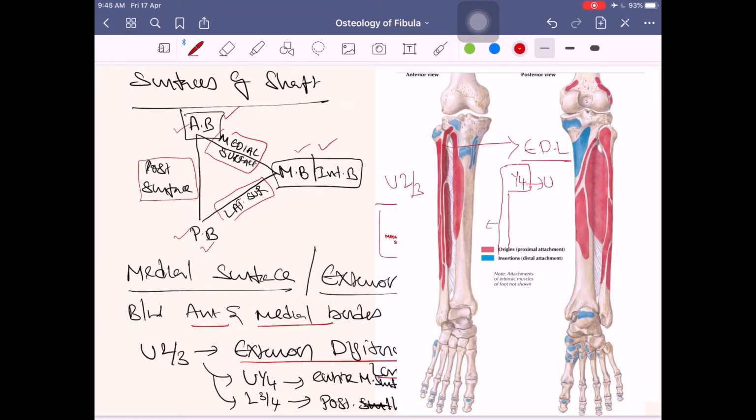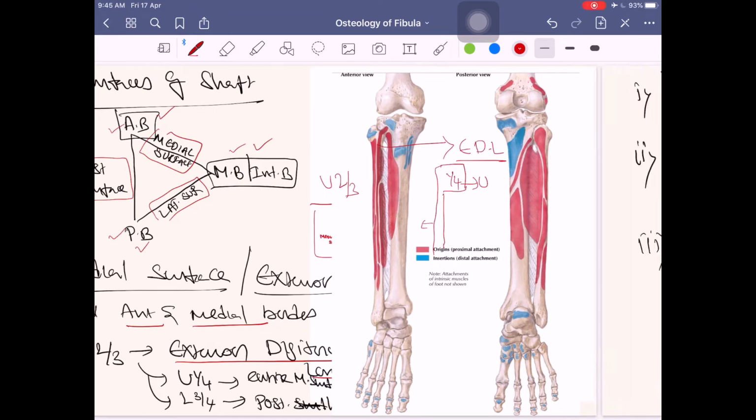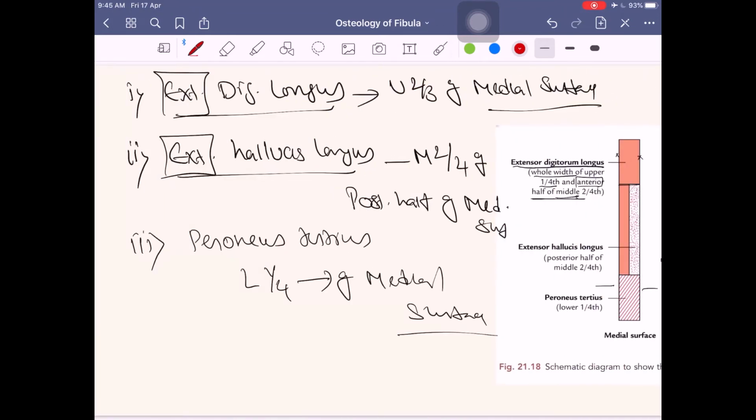To understand this better, please notice this diagram, a schematic representation. The extensor digitorum longus takes origin from your upper 2/3. That total peach-colored toothbrush you are seeing is the extensor digitorum longus.